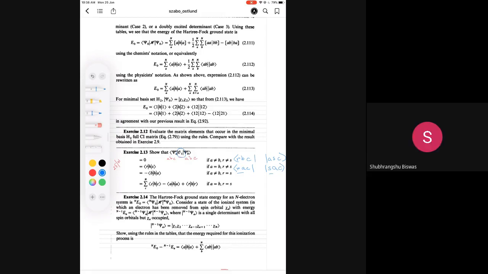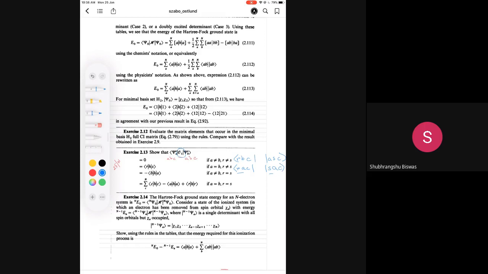Madam, it would be helpful if you write explicitly the expression of psi AR and psi BS. Actually, I can't write it because I don't know how many electrons there are.